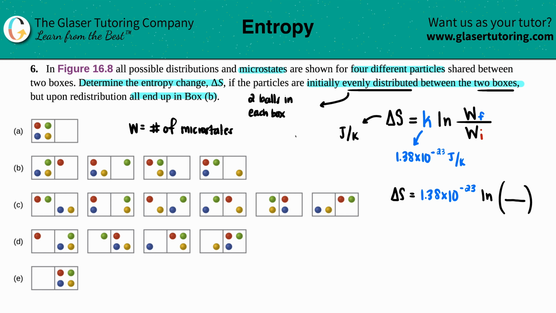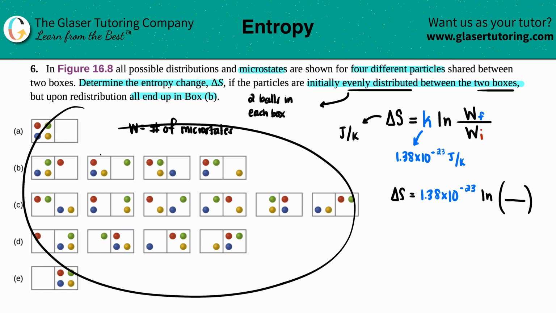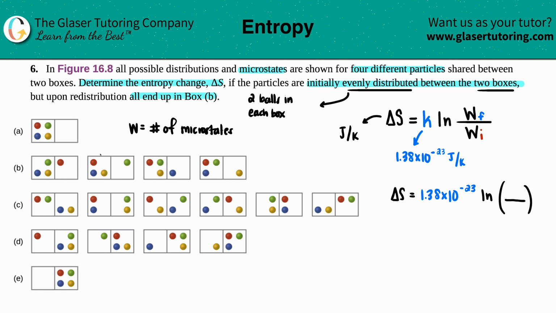I'm going to go through all my microstates and pick out which ones fit the bill. This one, no, I'm looking for 2 in each box. This is like 3 and 1, 3 and 1. But when I come down here, 2 and 2. So this checks out.